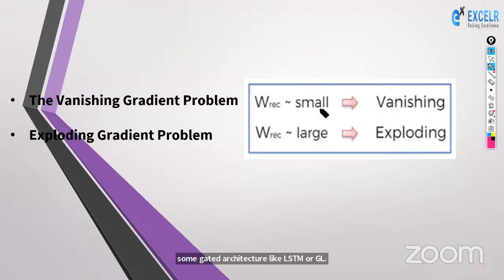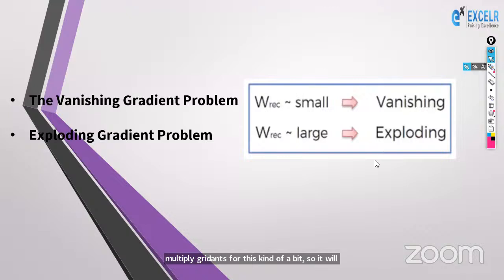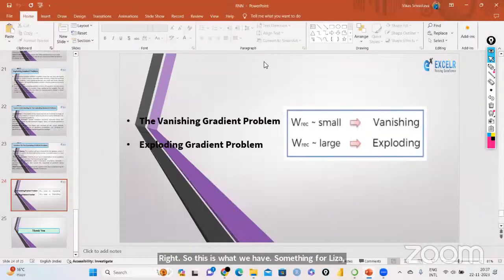If your weights are very small, the gradient will become very small, and this leads to the vanishing gradient problem. And if the recurring weights are very large, and you multiply gradients for these kinds of weights, it will lead to the exploding gradient problem. So these are the exploding gradient and vanishing gradient issues.